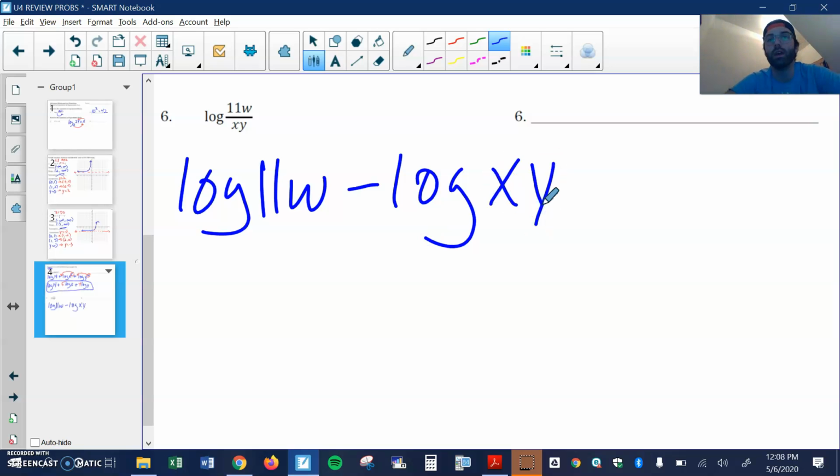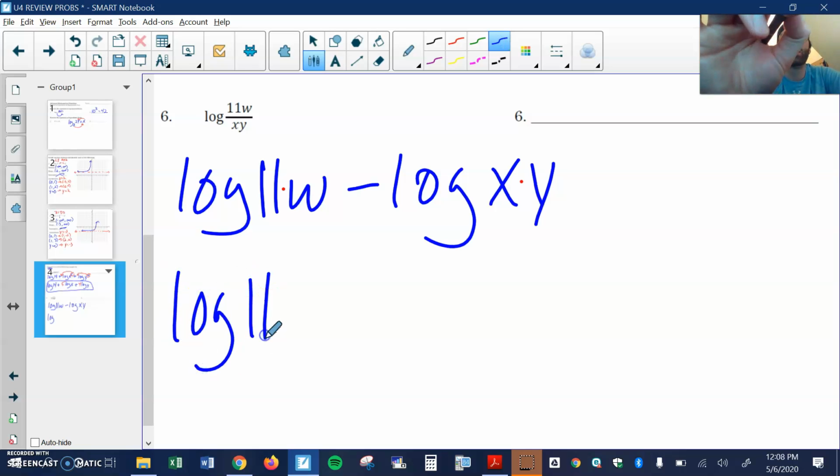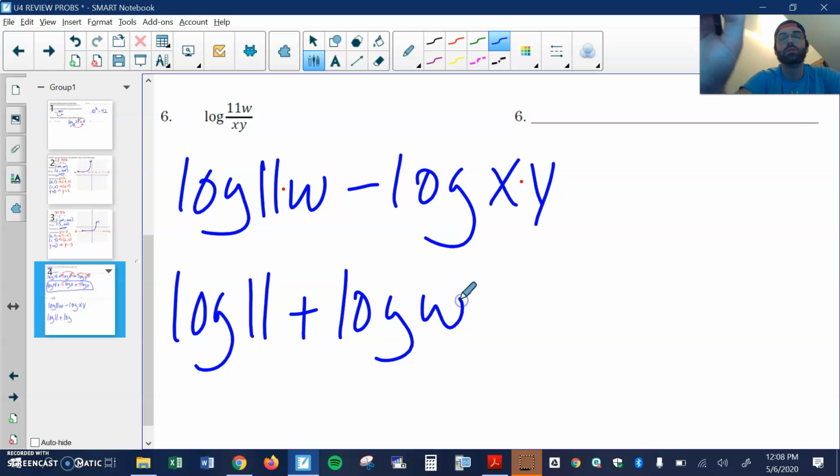Okay. Now, like I just said, multiplication is here and multiplication is here. So because of that, I'm going to expand my first log of 11 plus the log of w. All right, now this next step can be a little tricky. I want the xy to be in the denominator.